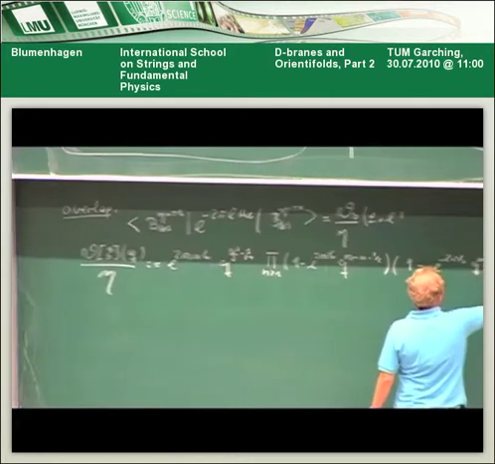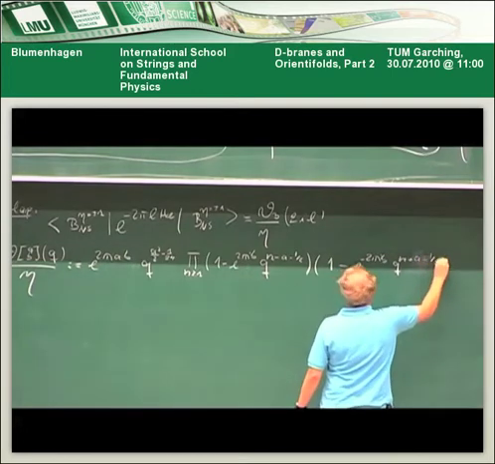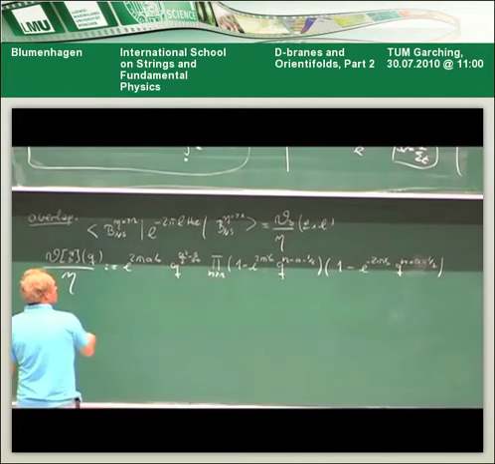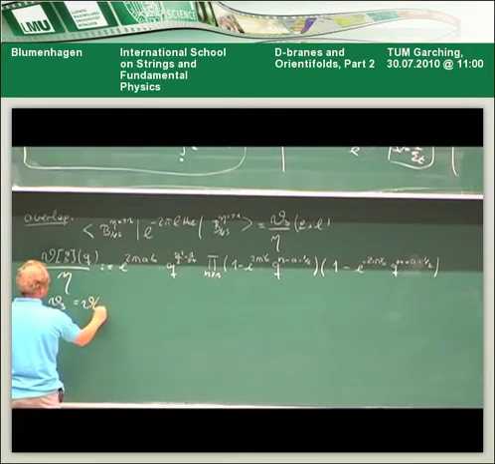Sorry, n plus a plus minus 1 half. I hope that's correct. And θ3 is by definition this θ function with argument 0, 0.